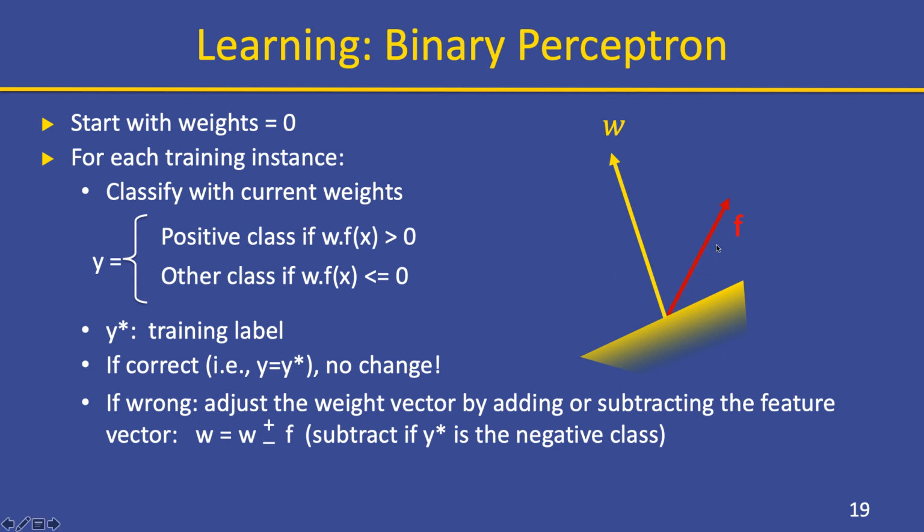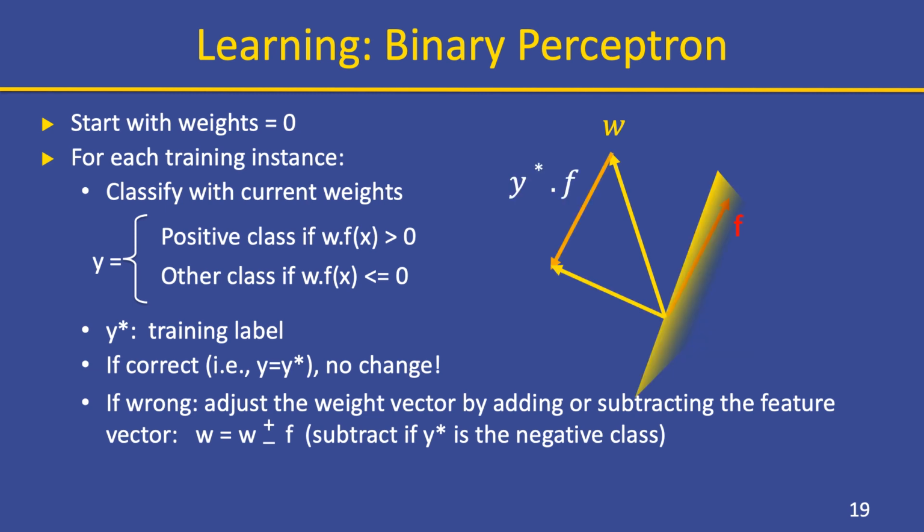The dot product of f and w here is positive, so our prediction is the positive class. But let's say that this example came with a negative label, so we should have predicted negative. So we subtract f from w to move our boundary so that f is in the negative region.